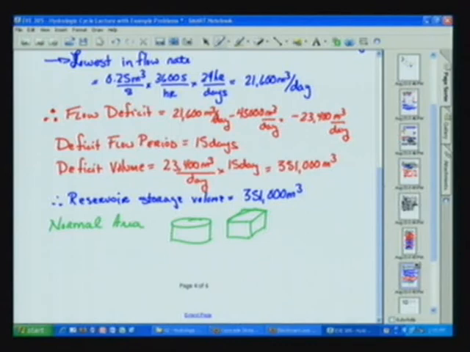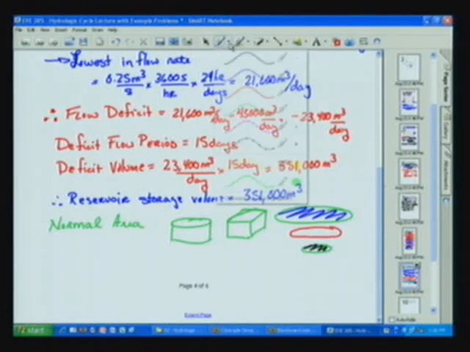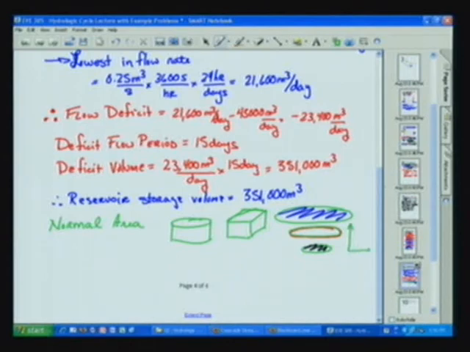We're going to have a surface area, a bottom area, and somewhere in between those two, there's our normal, kind of average area of the pond perpendicular to the depth.